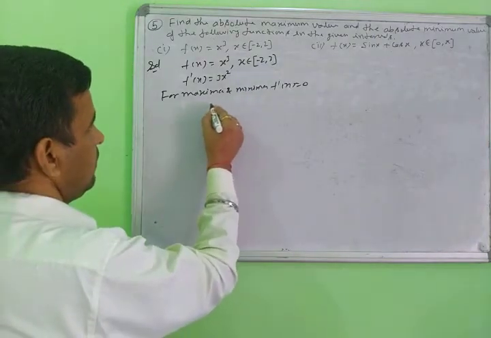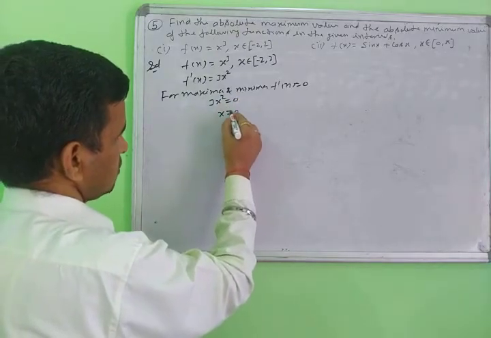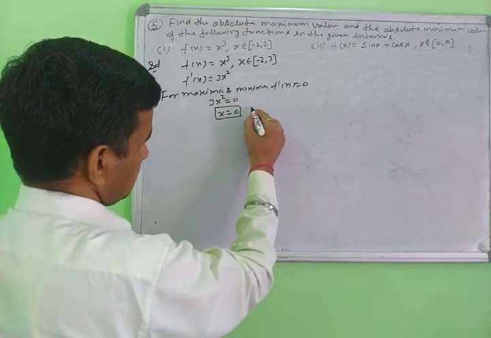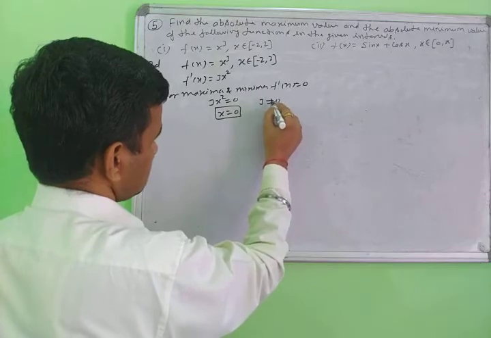And now 3x square equal to 0, so x equals 0, since 3 does not equal 0.